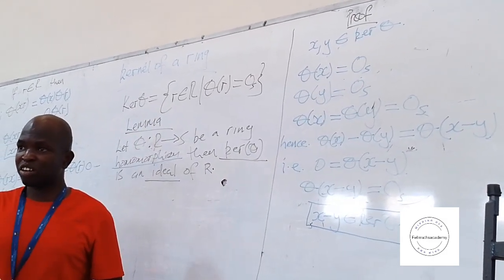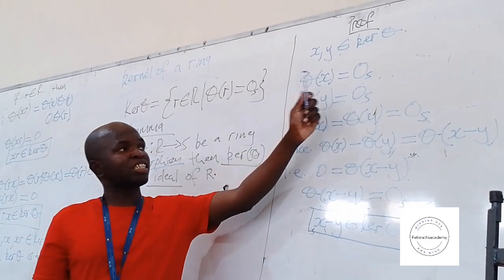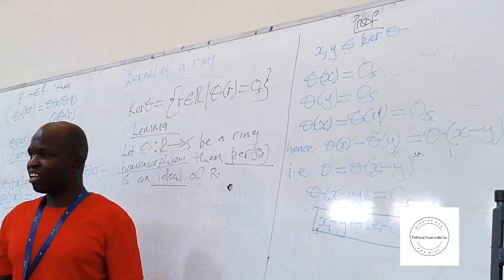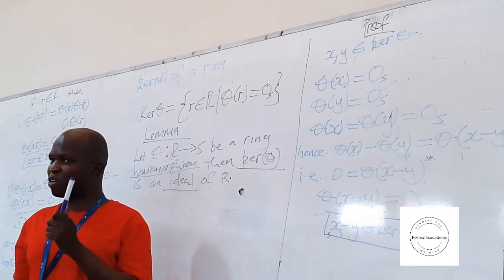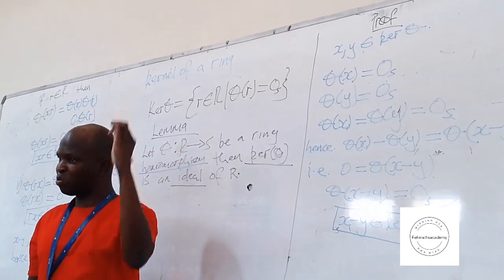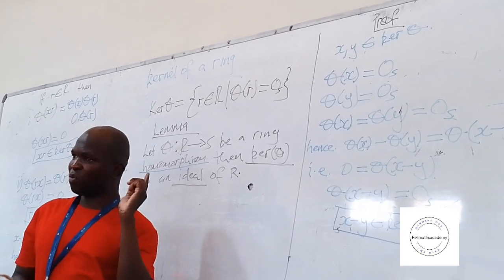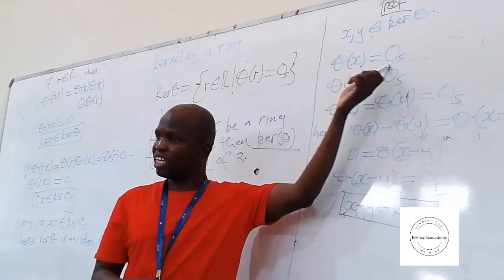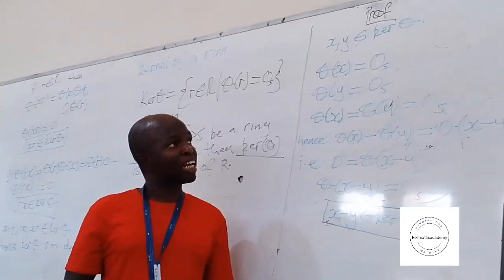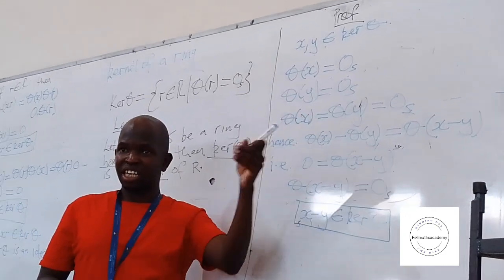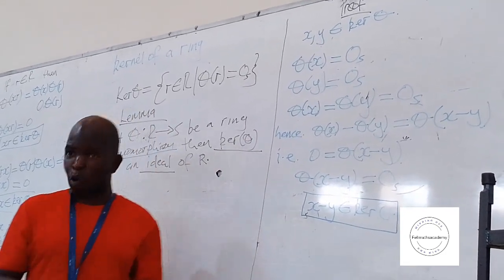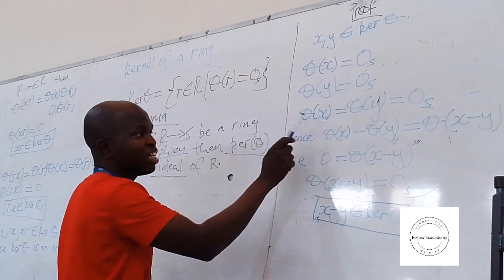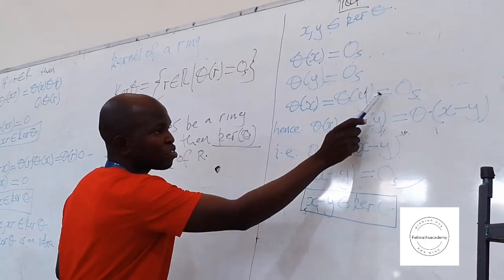To start with, theta x is equal to 0, the identity. In rings we use 0 as the identity. So theta x is equal to theta y is equal to 0.